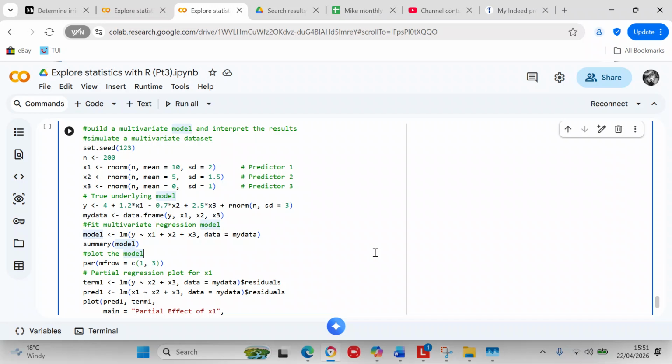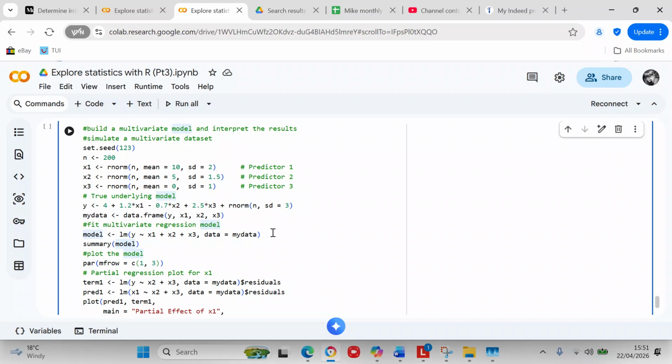So that's a randomly sampled normal distribution of 200 samples with a standard deviation of 3. So my data is going to become a data frame of y, x1, x2, x3, by typing my data becomes data.frame(y, x1, x2, x3).